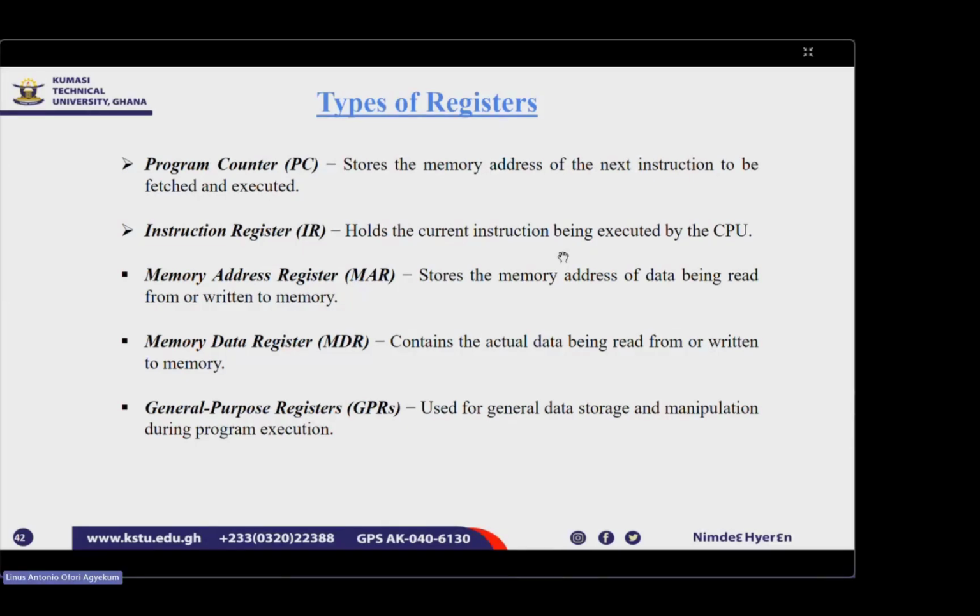In this case, the program counter is the one responsible for fetching the next instruction from the memory into the processor for execution. So the interrupt service routine, the ISR, is also an instruction that is within the main memory, but it is being executed within the processor. So during the time of execution, it would have been fetched from the main memory into the processor. Please, do you understand? Yes, sir. Okay. Any other question?